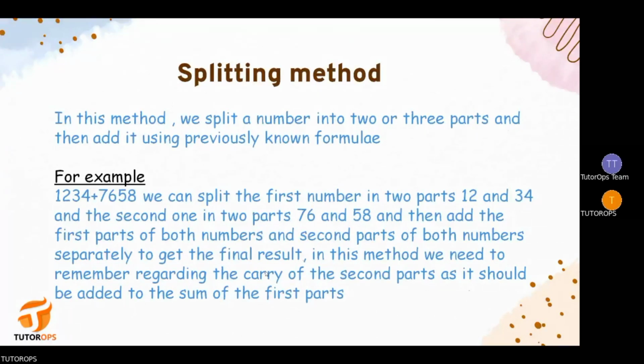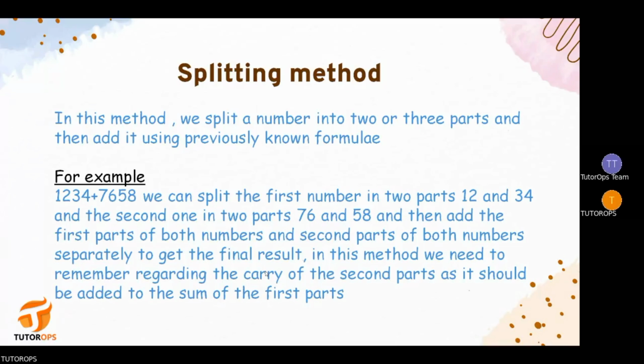So what is the usefulness of this method? Let me explain that. Basically, we are doing this method just to make the calculation easier. When we are taking the sum of a 4 digit number with another 4 digit number, we are basically doing a 4 column addition.